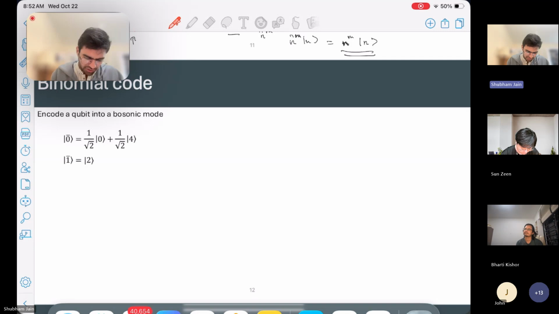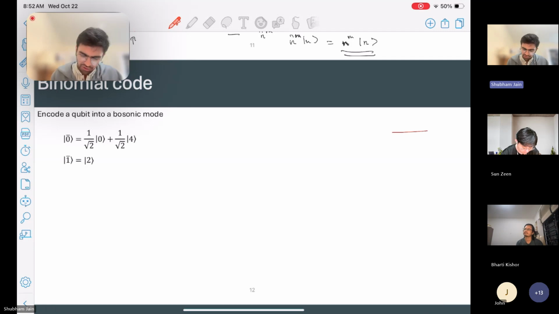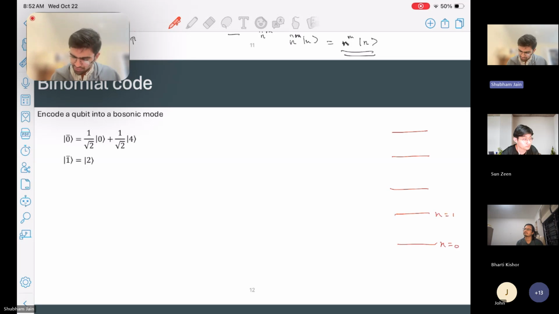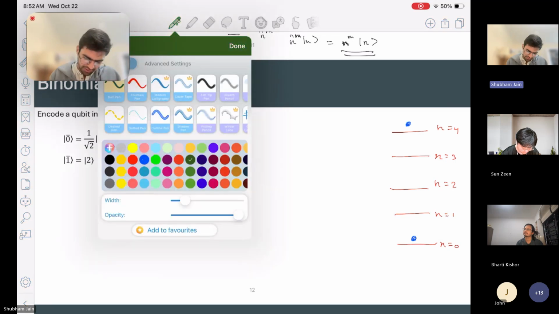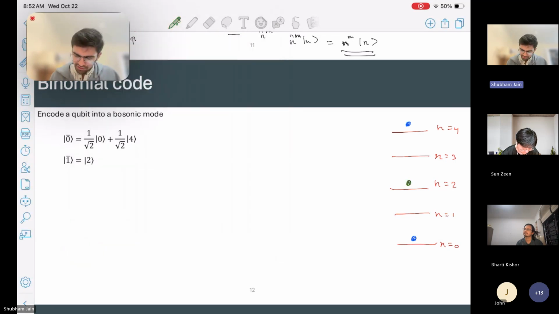So our zero state is a superposition of |0> and |4>, and our one state is just the |2> state. So let's represent this: n equals 2, n equals 3, and n equals 4. The zero state is comprised of an equal superposition of this one and this one. And the one state is just this one, standalone.